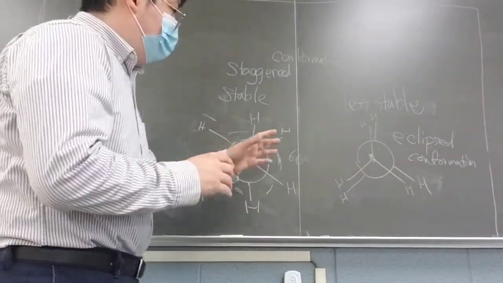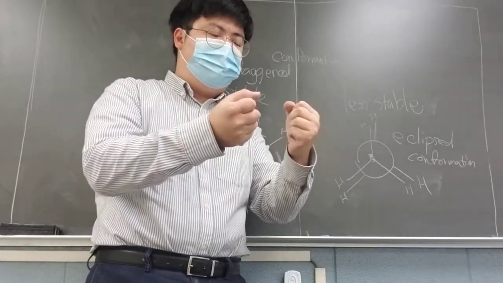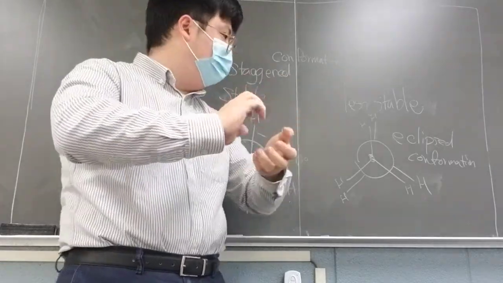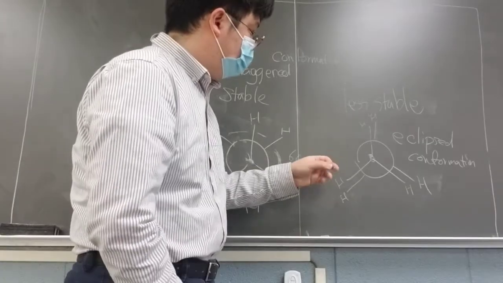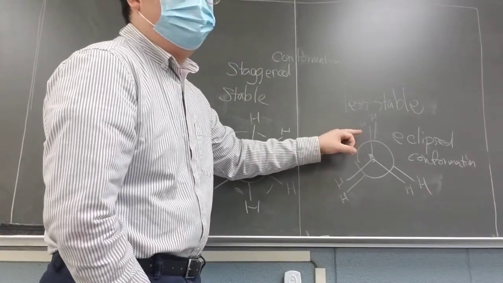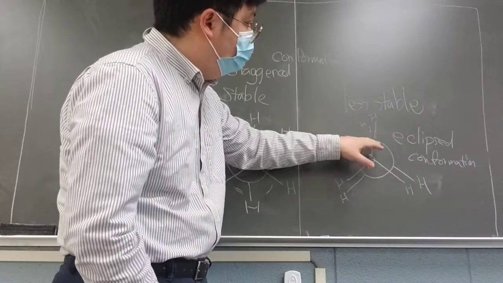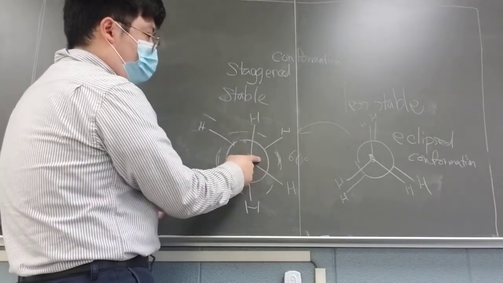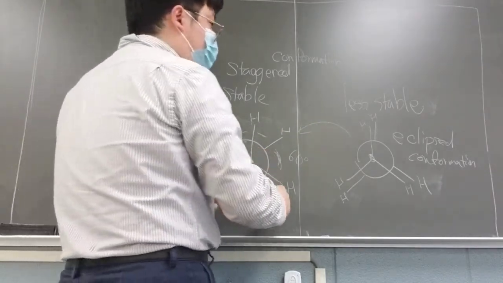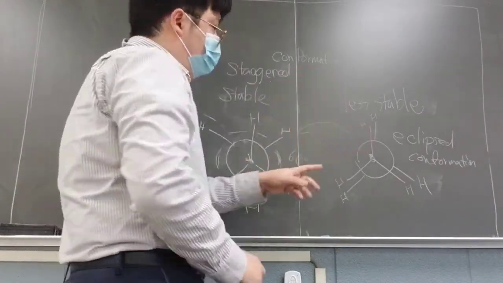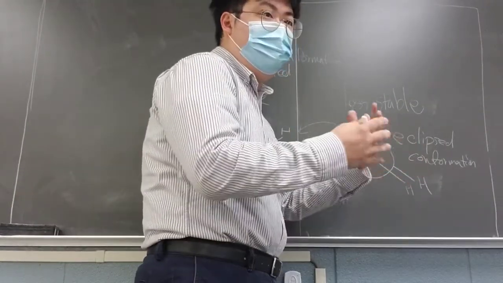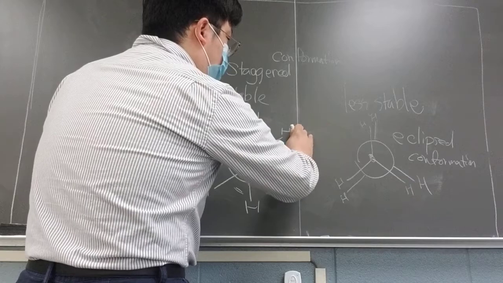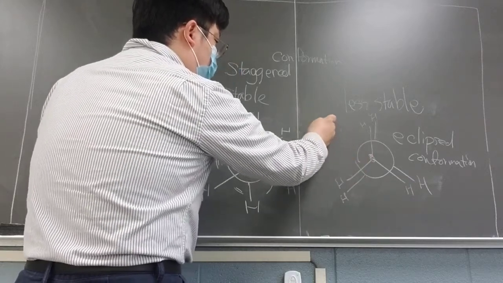So if you think about it in nature, those single bonds in this organic compound will rotate, right? Rotate and rotate. But if the compound gets into the eclipsed conformation by accident or by chance, where there's a certain energy, it wants to be stable.